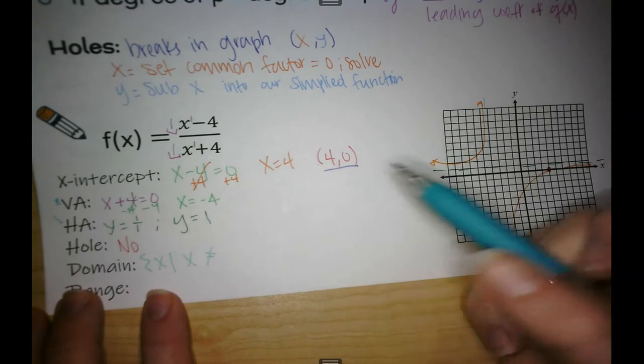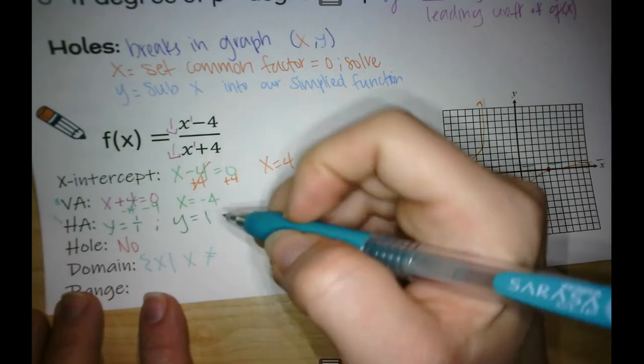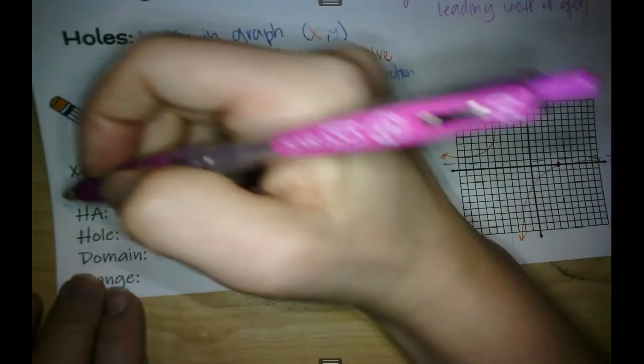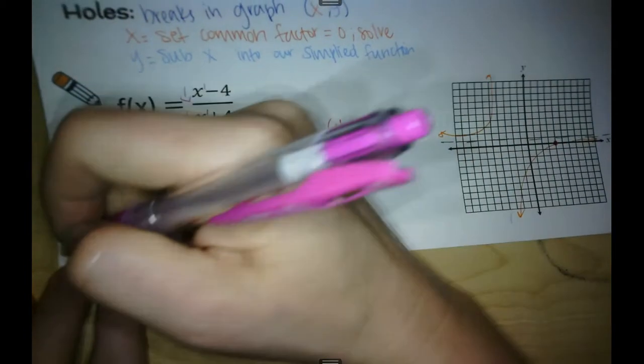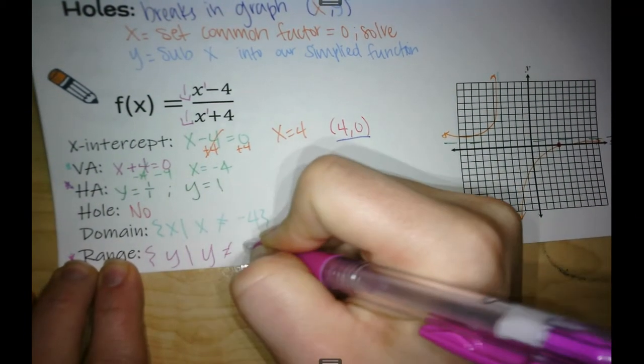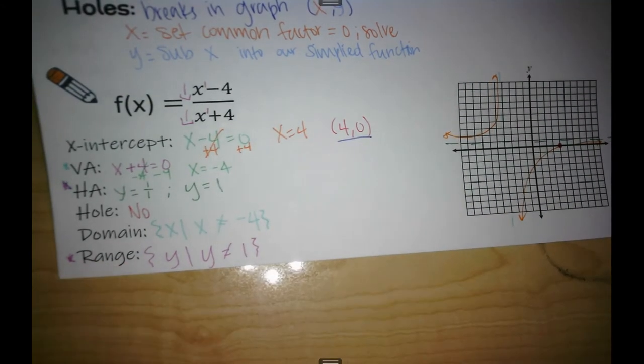So if our vertical asymptote is at x equals -4, then our domain, x cannot be -4. Same thing here. Our horizontal asymptote and our range still correlate, so y does not equal 1. Okay, I went through that really fast, so let me know if you have questions, okay?